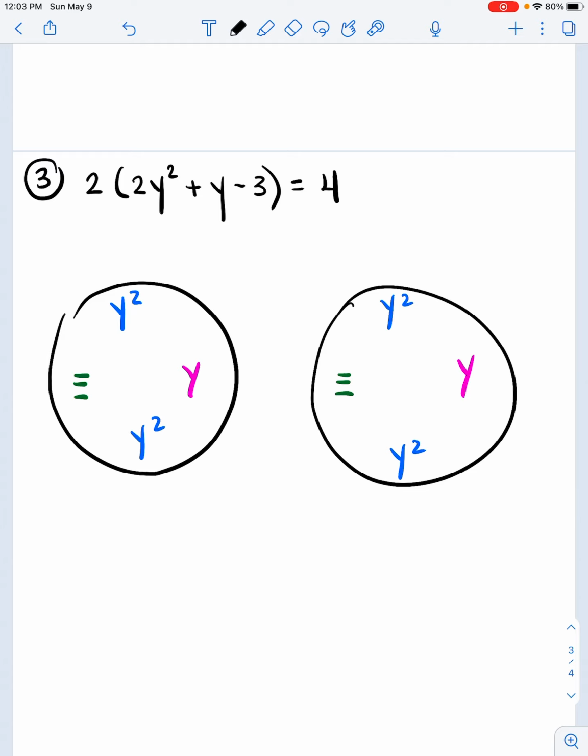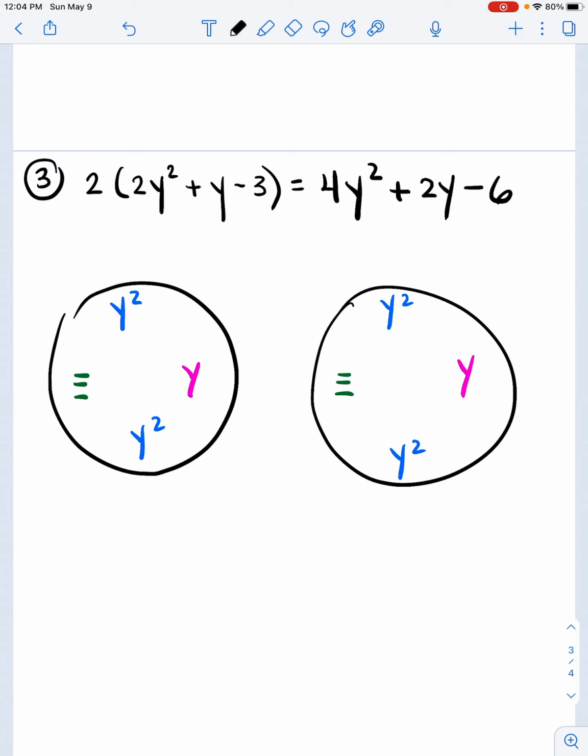So that would be 4y squared plus, how many y's do we have? We have, let's look at the pink. We have 2 y's. And then we have, remember, these are negatives. So we're going to have how many negatives? 1, 2, 3, 4, 5, 6. So our equivalent expression is going to be 4y squared plus 2y minus 6.